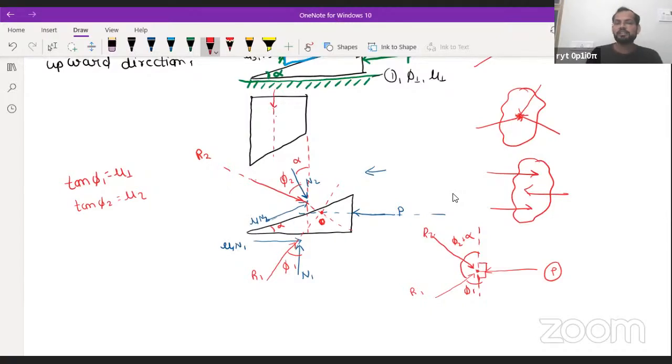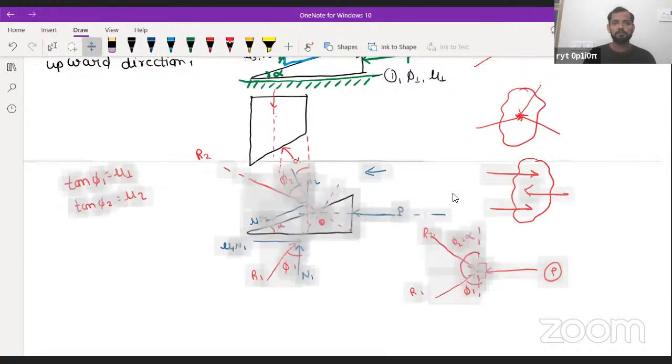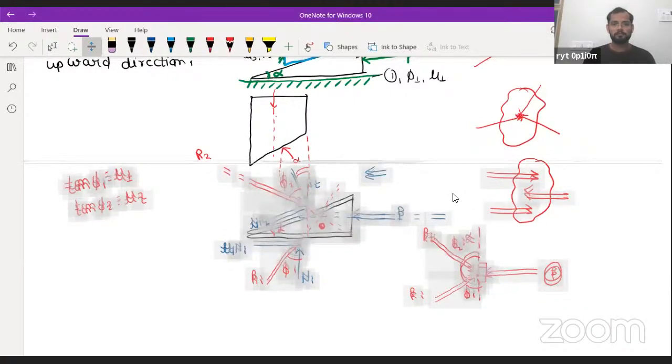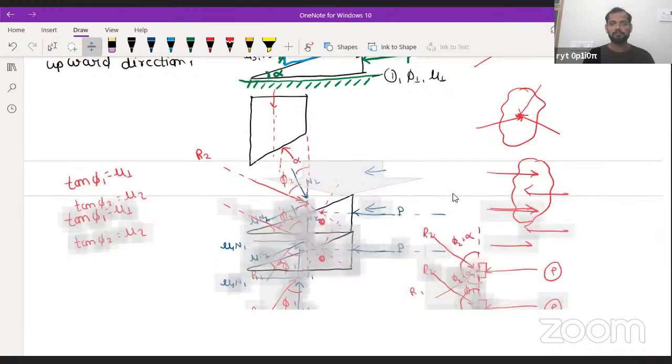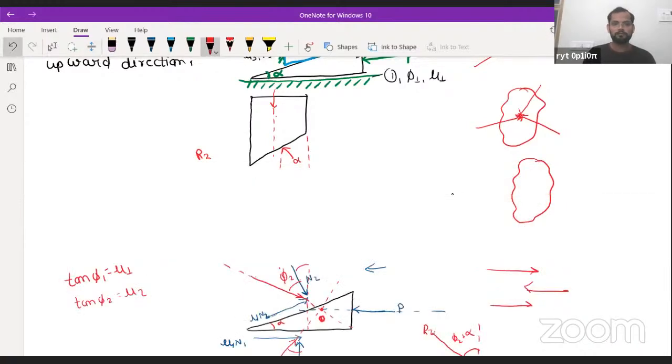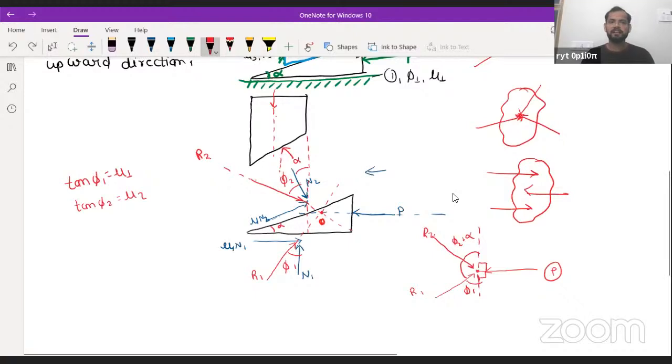As you know, the normal force will act like this. This is getting congested, so I am separating it to add some space.